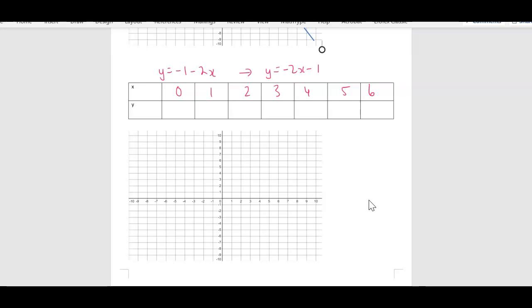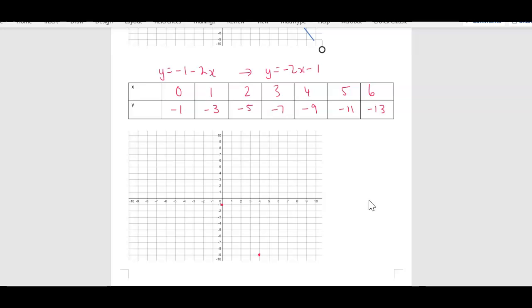All right, so our y-intercept is negative 1. And we're going down by 2 each time. So it's going to be negative 3, negative 5, negative 7, negative 9, negative 11, negative 13. All right, so plotting those points on. So there's your y-intercept. And we can't go as far as 6, negative 13. So I'm going to do 4, negative 9, just down here.